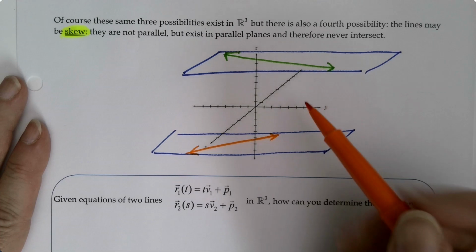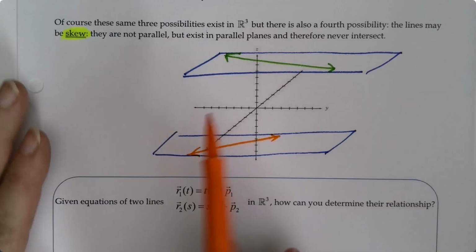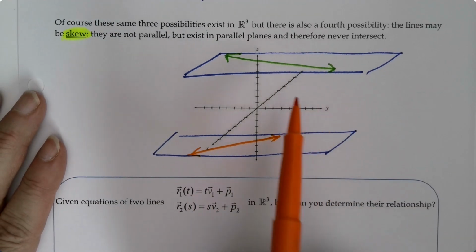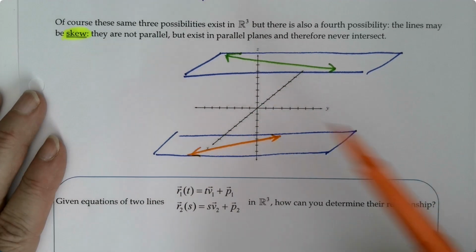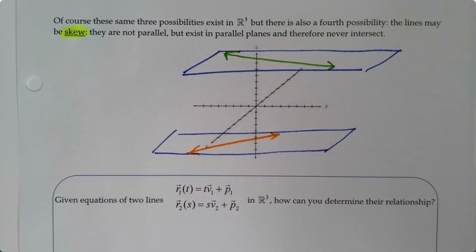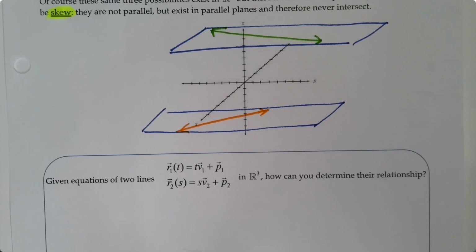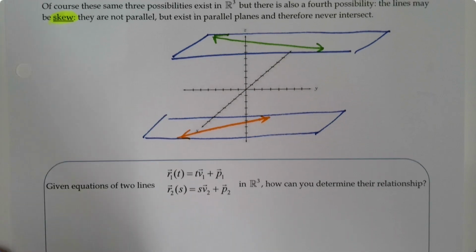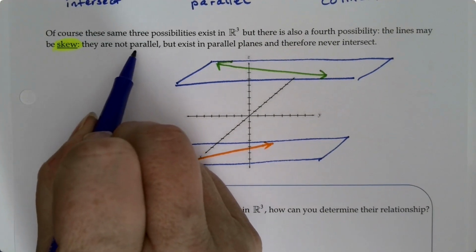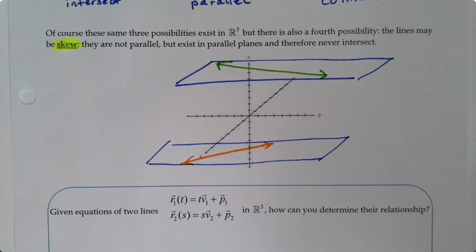They're never going to meet because they're on these parallel planes, but they're not going in the same direction, right? One's going one way and one's going the other. So that's what skew is. They're not parallel, but they're never going to intersect.